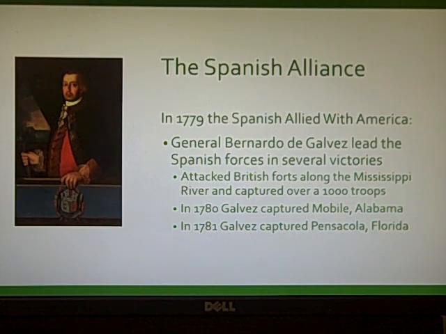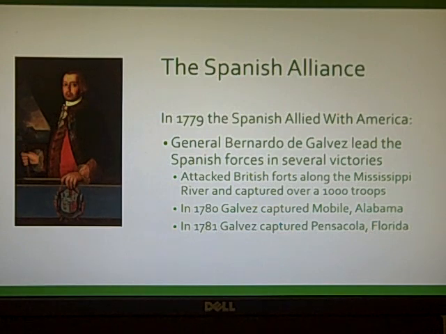By 1779, the colonials, we're going to call them the colonials, are successful enough. By the way, the poor Spanish are always so late to the game when it comes to North America. When we go back to the French and Indian War, did y'all notice that as the outcome of the French and Indian War, England got Florida?